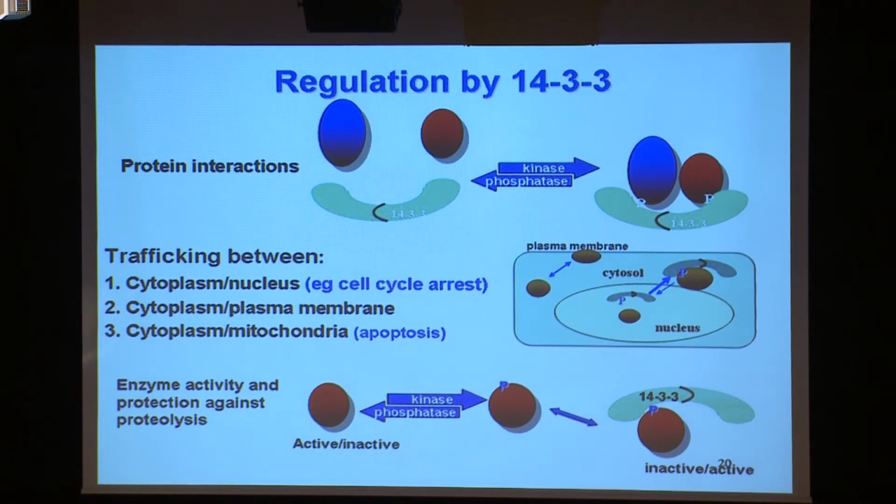And in some cases, which is important for the neurodegenerative disease story, interaction with 14-3-3 can cause the protein to be more resistant to proteolysis, more resistant to degradation. So I'll talk about examples of these as we go.